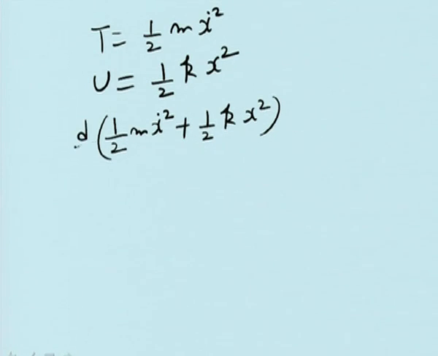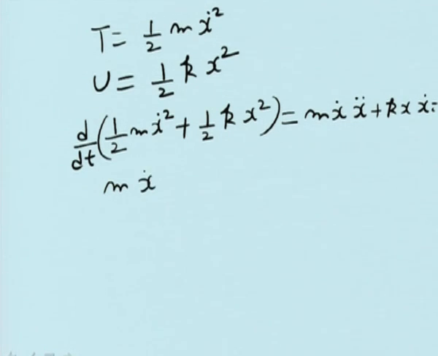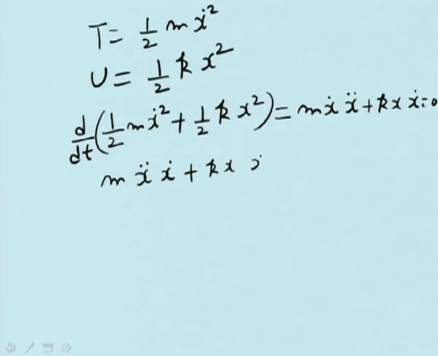Taking d by dt, we get m x dot x double dot plus k x x dot equal to 0, or m x double dot x dot plus k x x dot equal to 0.